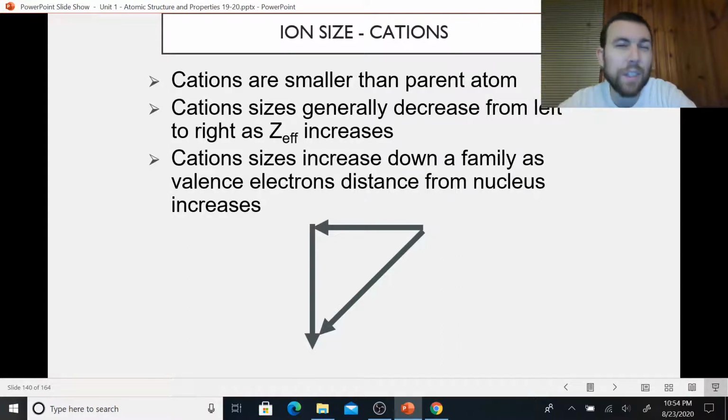This follows the same trend as atomic radius. And cation sizes increase down a family as the valence electrons' distance from the nucleus increases. Again, that follows the atomic radius trend, and the anion trend is going to be the exact same.